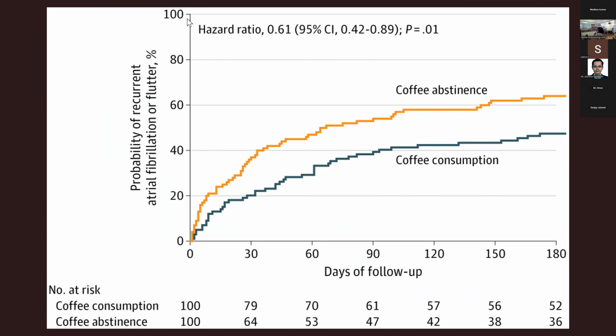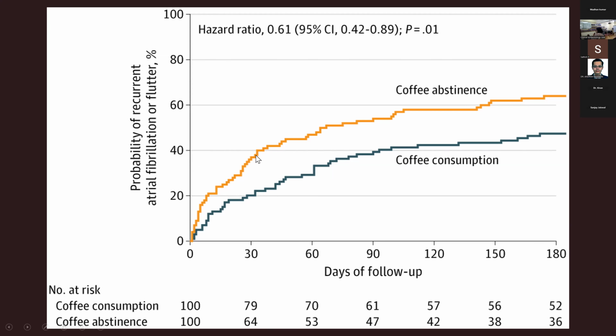So if we see when 60% of the participants got atrial fibrillation or flutter, which means when did they get 40% of atrial fibrillation?